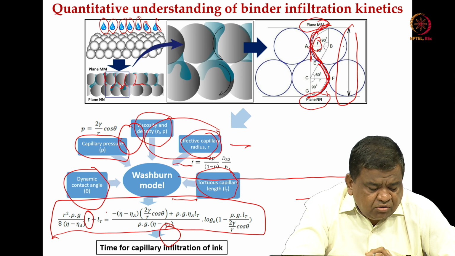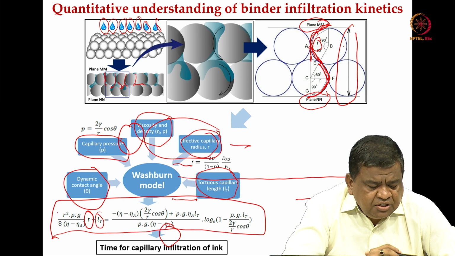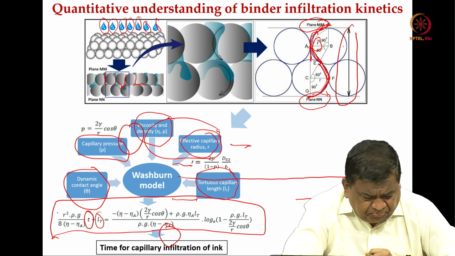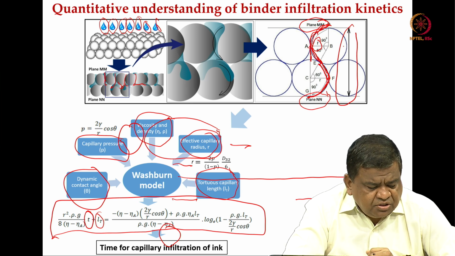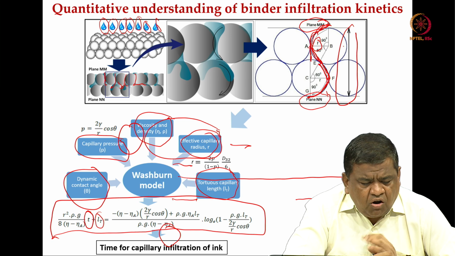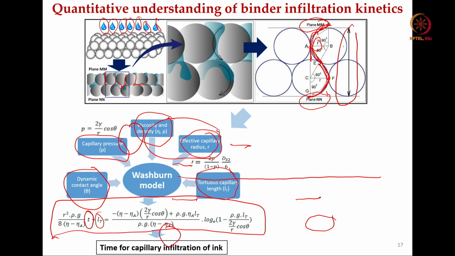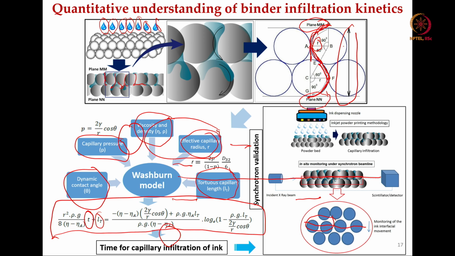LT is your capillary length, R is your particle radius, rho is your density, G is acceleration due to gravity, eta is viscosity. So, these are all the different parameters that I have mentioned here. That gives rise to the time of infiltration.